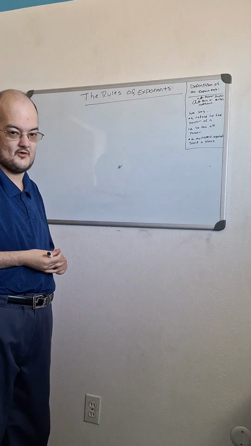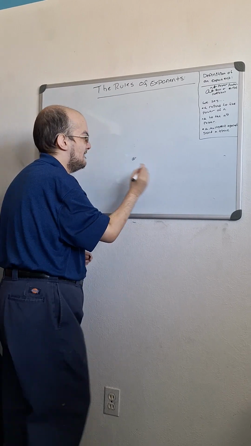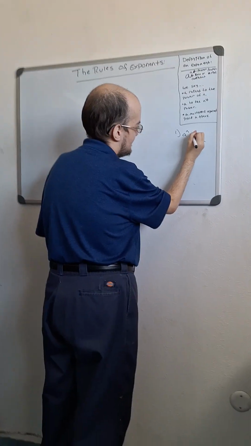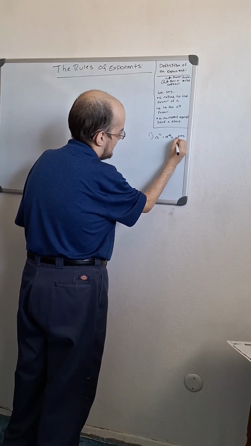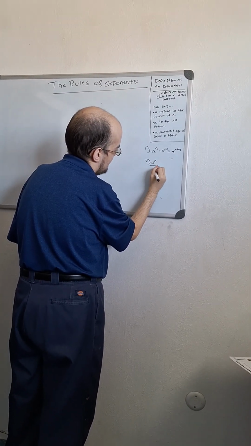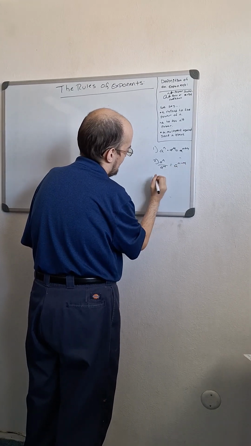Don't worry, we're not going to do all of them. So let me write what we have over here real quick. A^n times A^m is A^(n+m). The second one is A^n over A^m is A^(n-m).